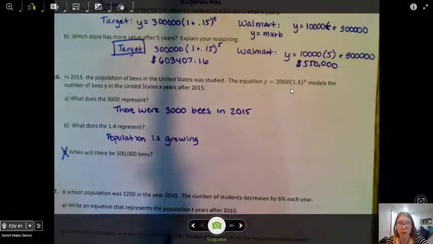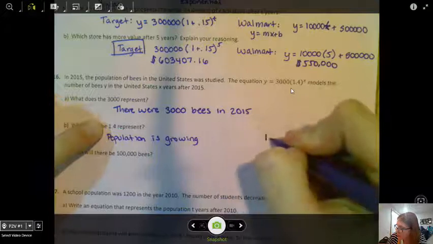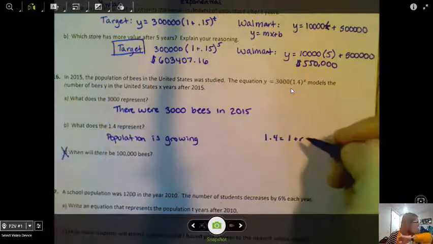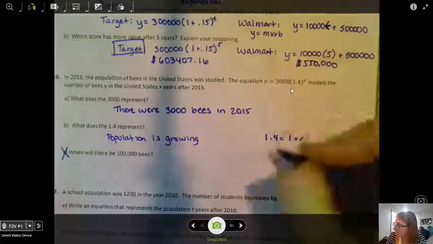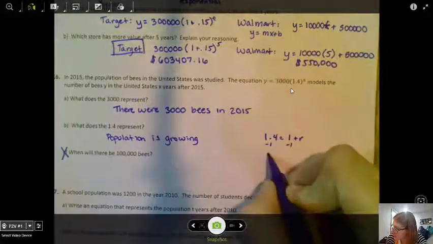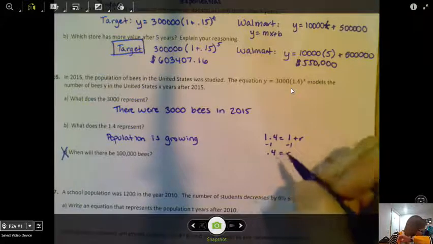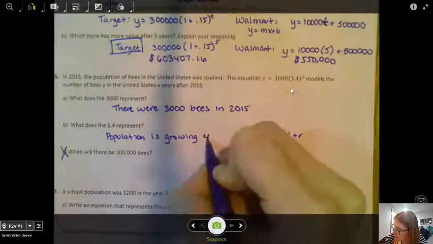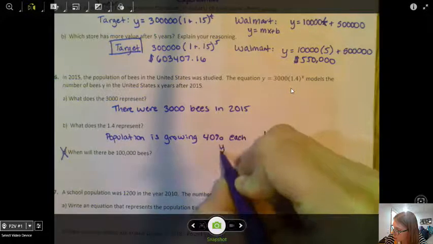Let's figure out how much the population is growing. 1.4 tells me what 1 plus r equals. I'm going to subtract 1 from each side. And I get 0.4. That's 40% each year.